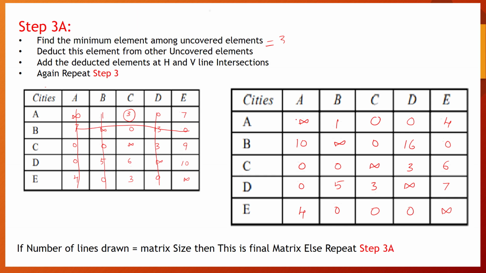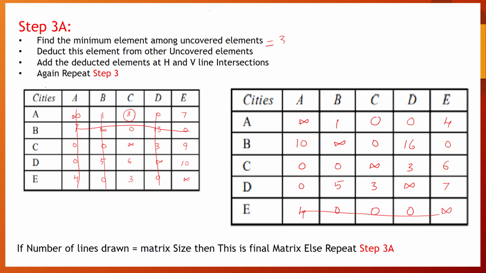So we have assigned all the values. Here again we need to do the striking out part which we did in the previous step. Let me just cover this. All the zeros are covered.